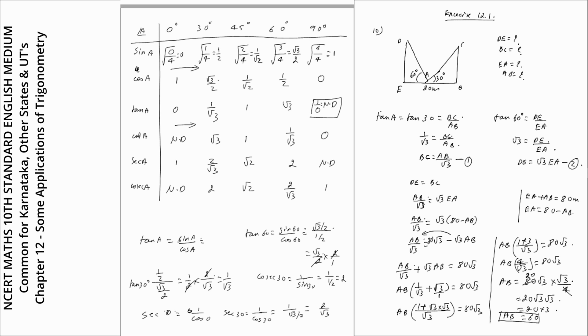If AB is equal to 60, what is EA? EA is equal to 80 minus 60, which is 20 meters. So AB is 60 meters and EA is equal to 20 meters.